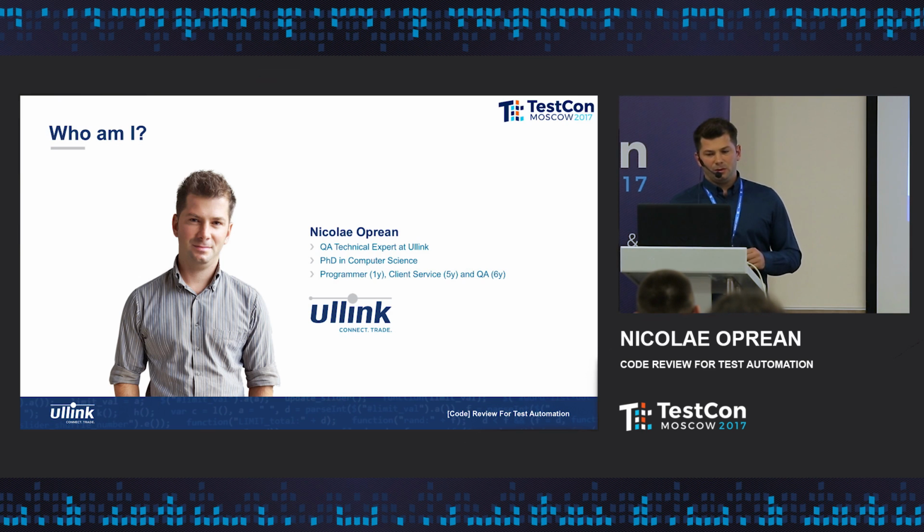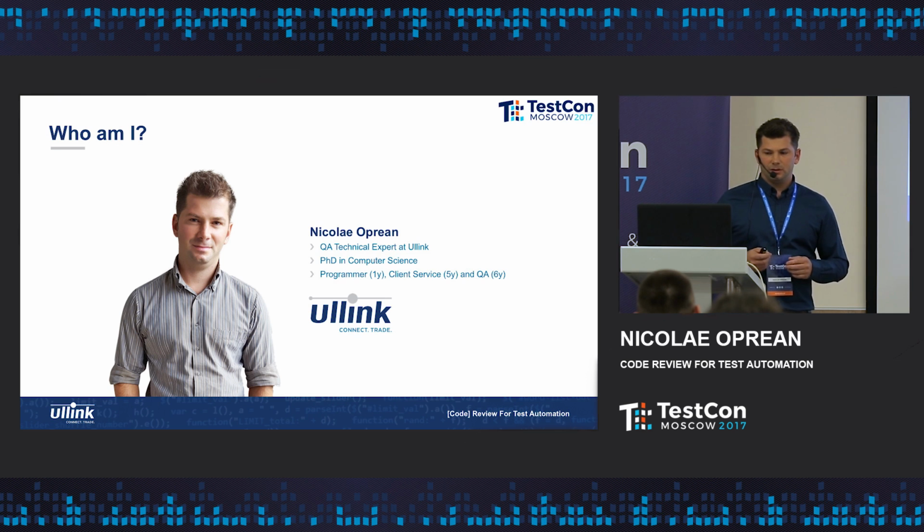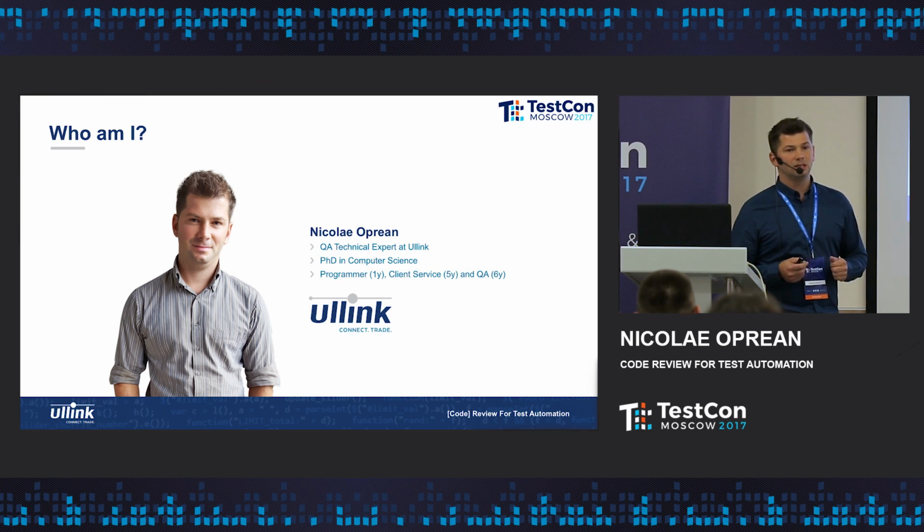But enough talking about the company I work for. You are here for a new process that we implemented in the company. And this process proved to be working quite well.